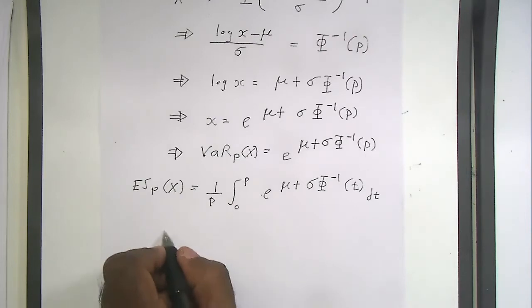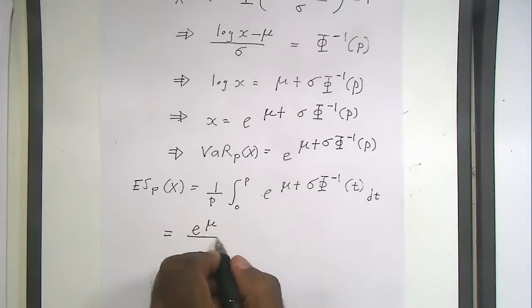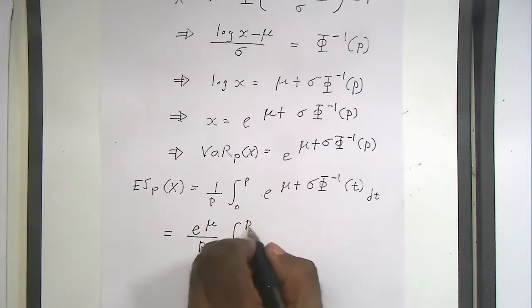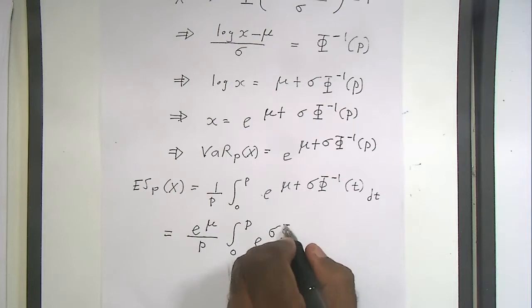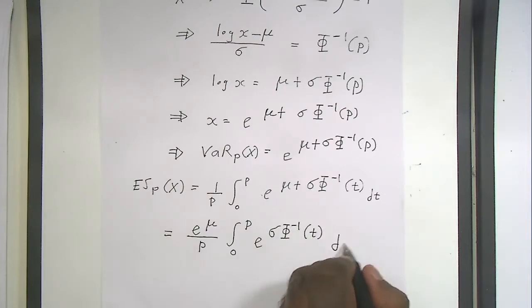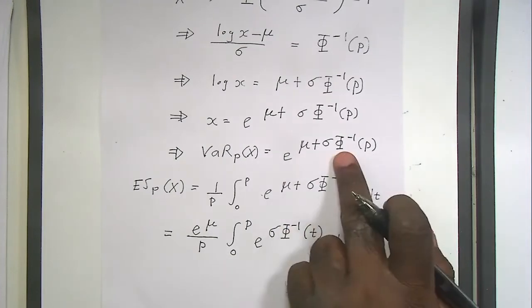This will become this. So this is the formula for ES, and this is the formula for VaR.